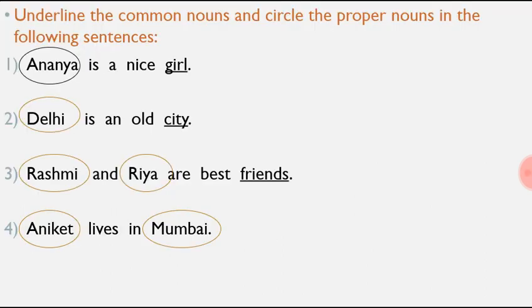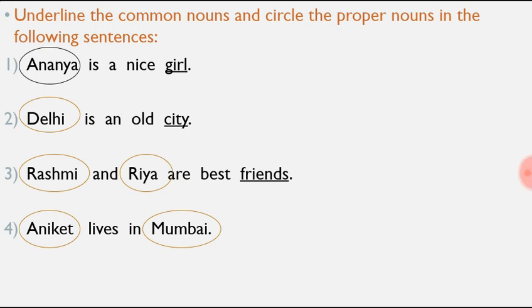Now let us see a few examples. Now here is the exercise that you have to underline the common nouns and circle the proper nouns in the following sentences. So the first sentence is Ananya is a nice girl. Now here Ananya is the name of a girl, and it starts from capital letter.